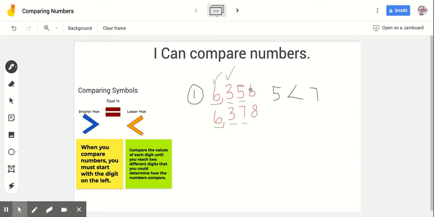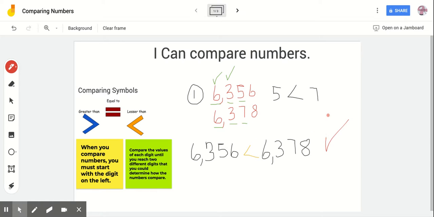So in conclusion, I know that 6,357 is less than 6,378. Okay, so that is how you compare two numbers.